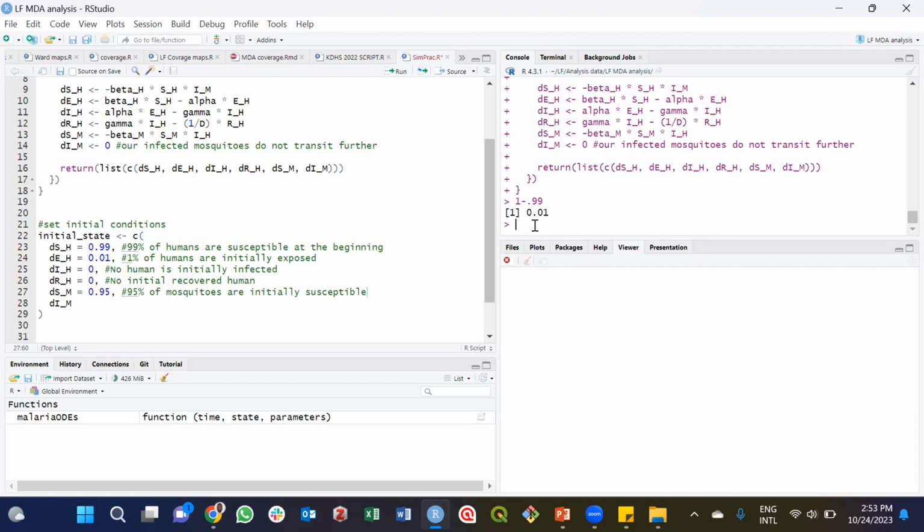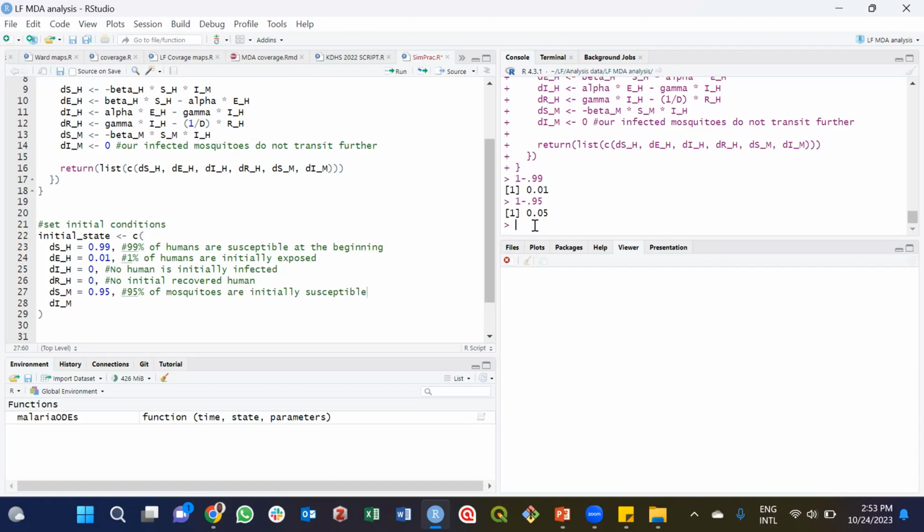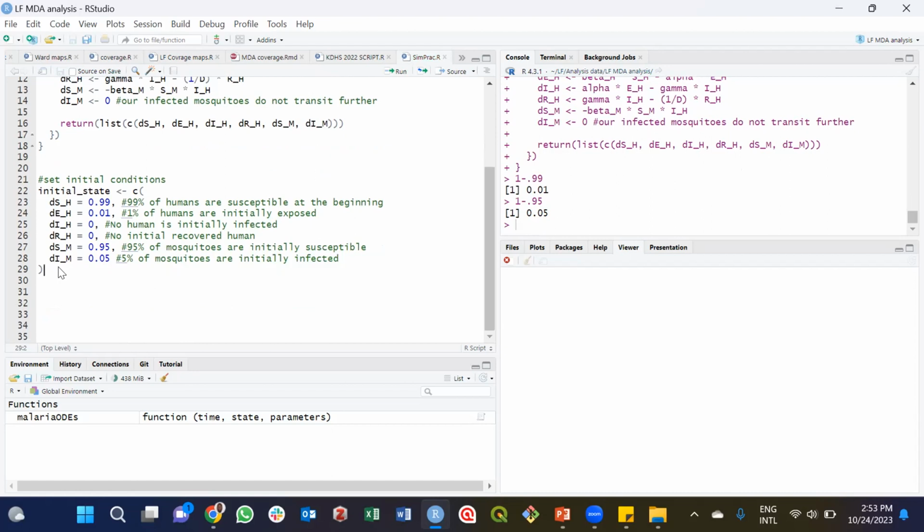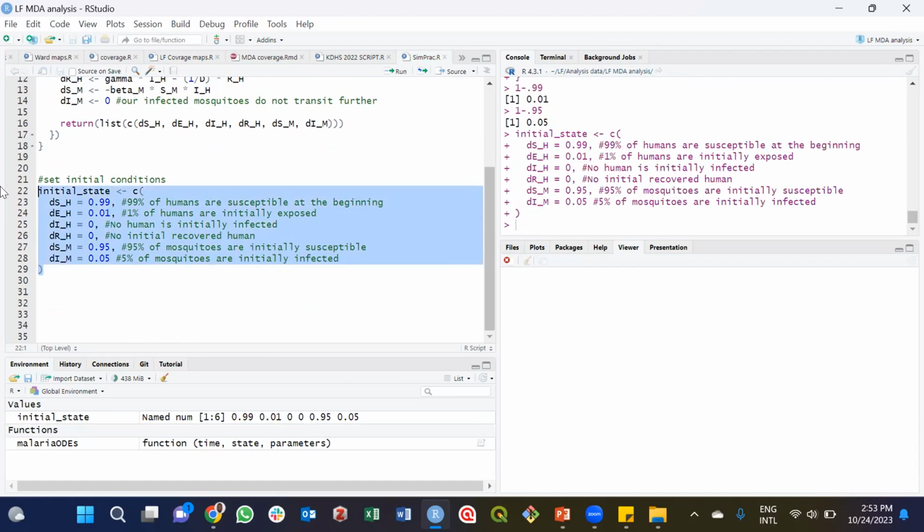And then 1 minus 95%, 0.05. Because this is the last one, I don't have to put a comma. 5% of mosquitoes are initially infected. Okay, so we store that in an object.